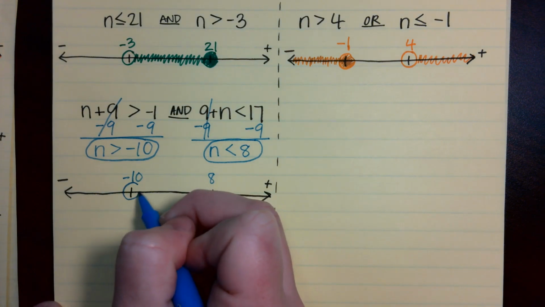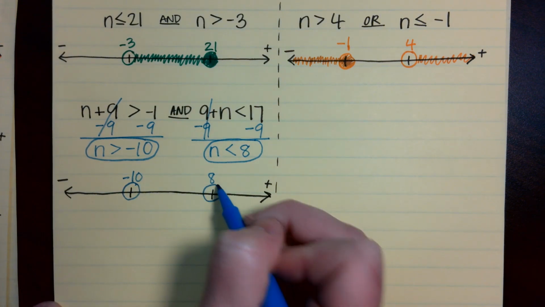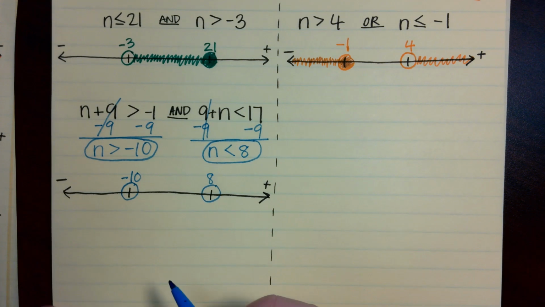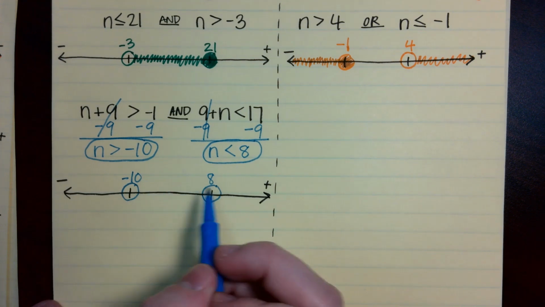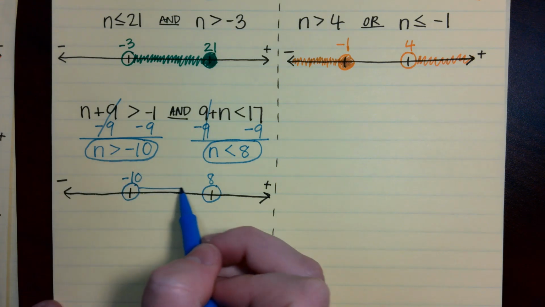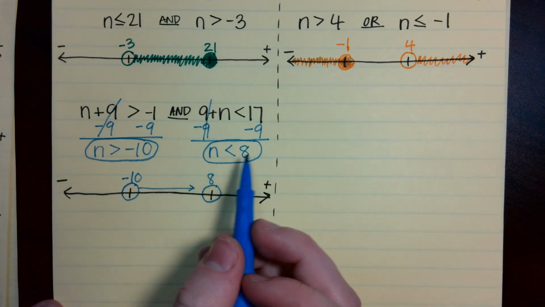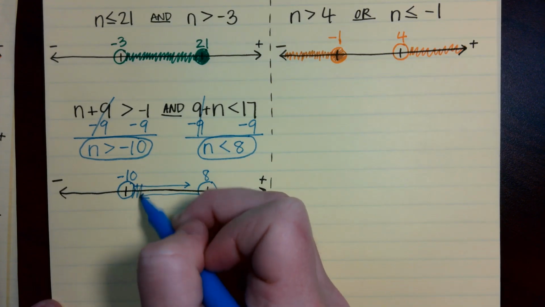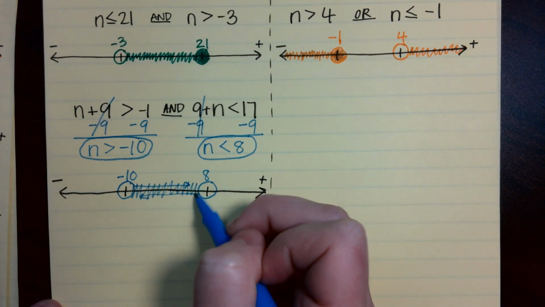Open for both? Yes, open for both. And what direction? In the middle. n is greater than -10, so we shade this way. n is less than 8, so we shade that way, and they overlap. There's our graph.